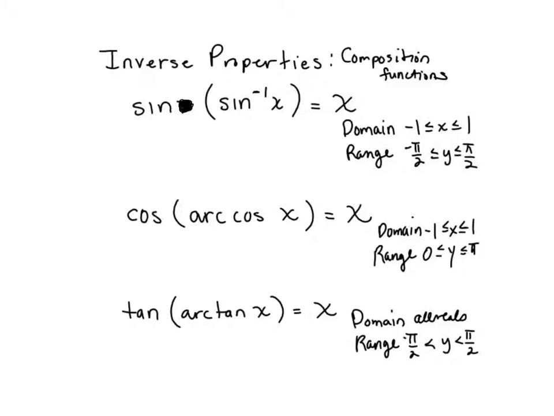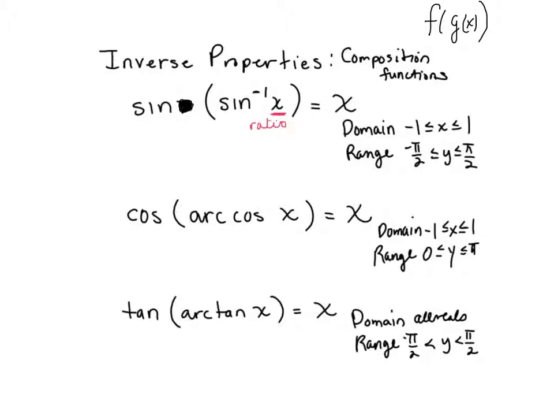Okay, these are the inverse trig properties for composition functions. Remember that a composition function would be like if you had f of g of x. You would substitute g of x for the x in the f function. Well, these are trig composition functions. So what you see here is the sine of the inverse sine of x, and this x represents a ratio.